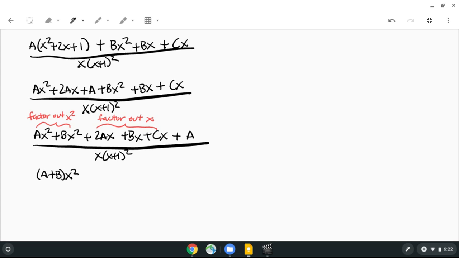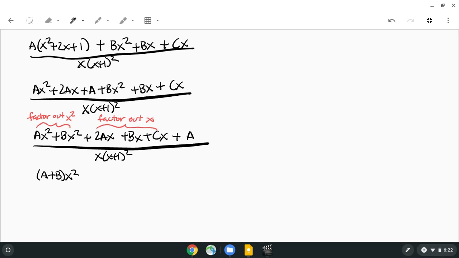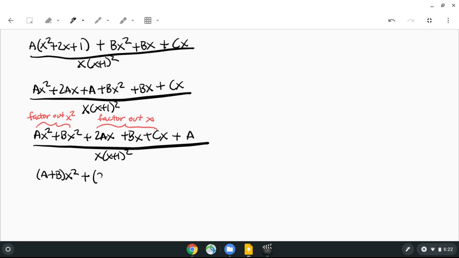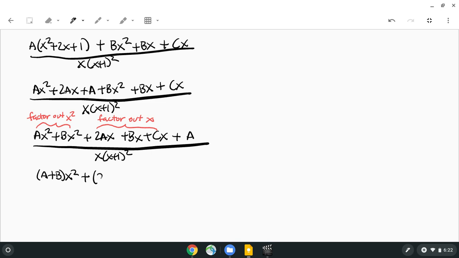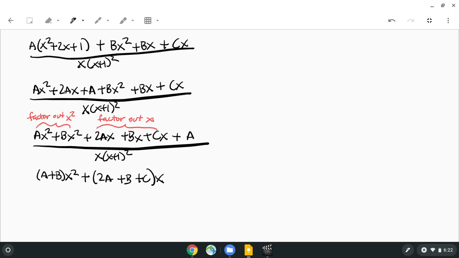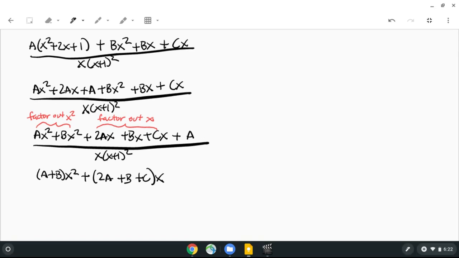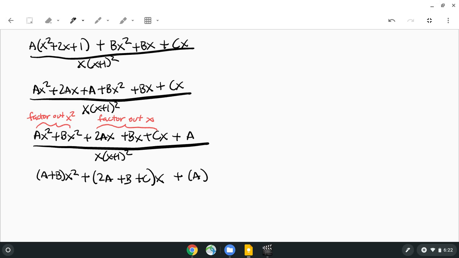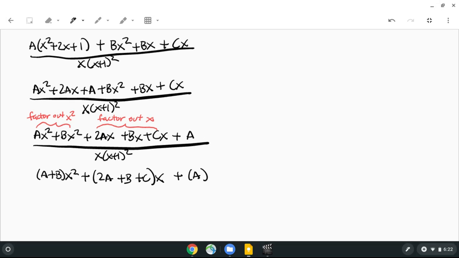I factor out the x, so I get 2a plus b plus c inside the parentheses, times x. Then I have my a all by itself, all over my denominator x plus 1 squared.